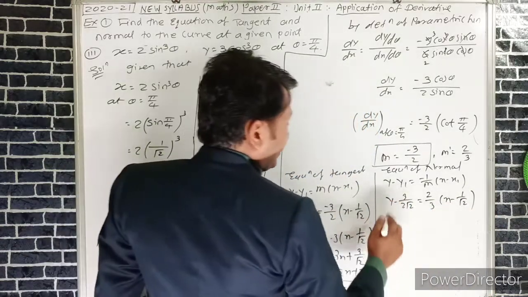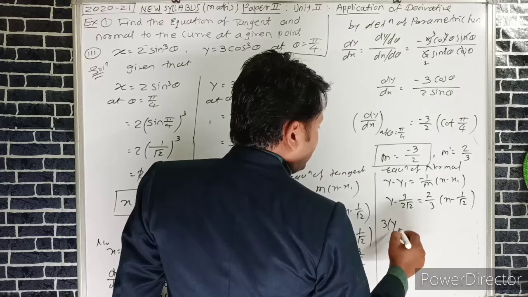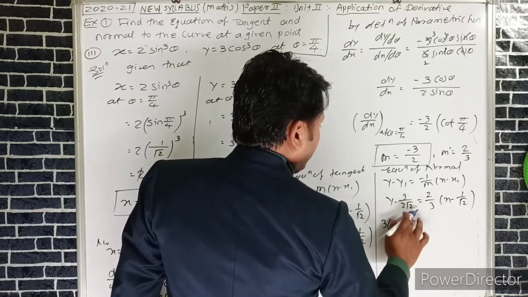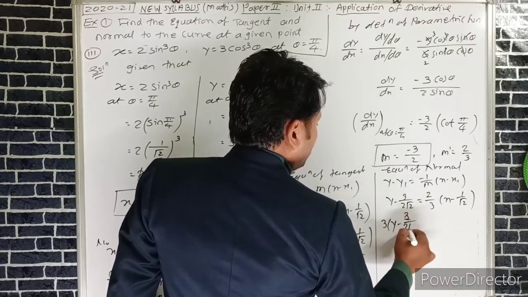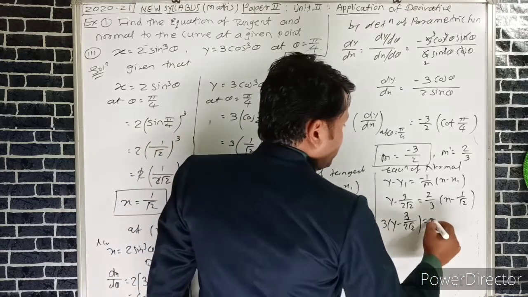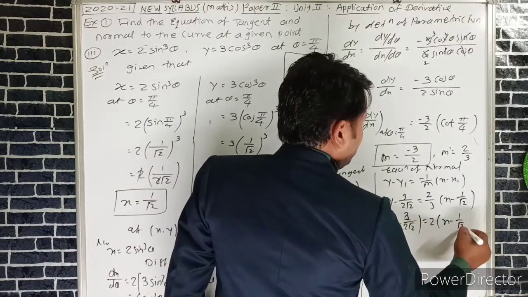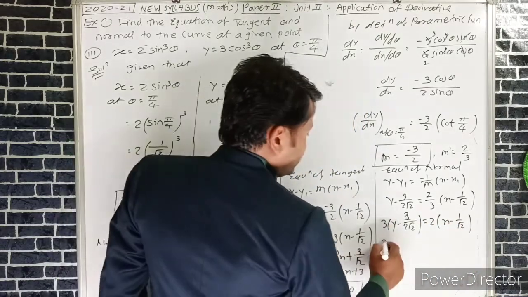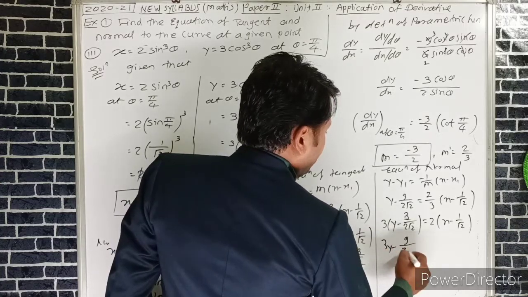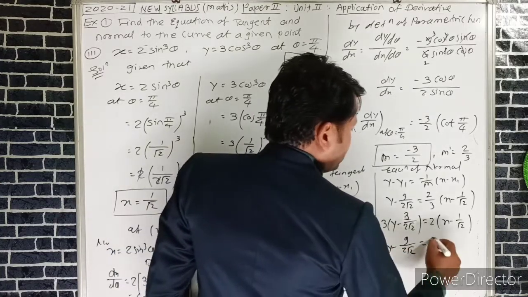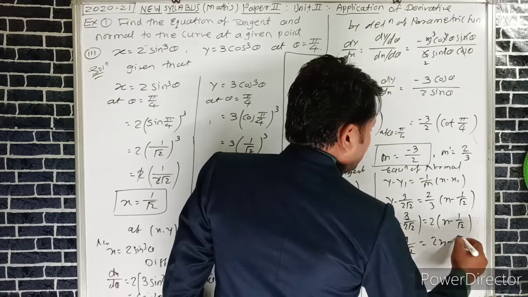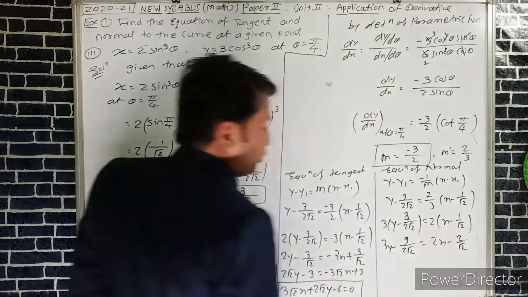If we take this 3 to the right side, we can write 3 into y minus 3 upon 2 root 2 is equal to 2 into x minus 1 by root 2. 3 into y is 3y minus 9 upon 2 root 2 is equal to 2x minus 2 upon root 2.